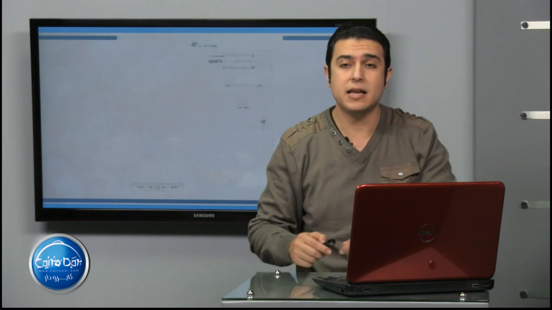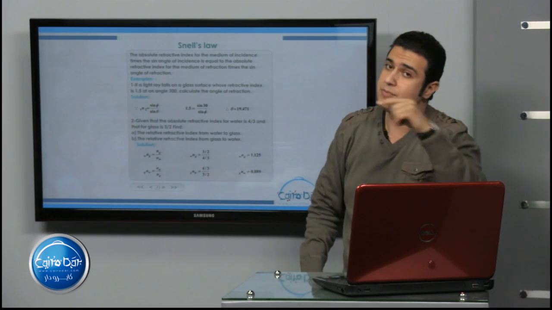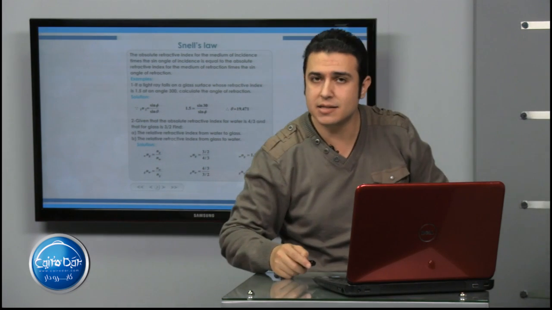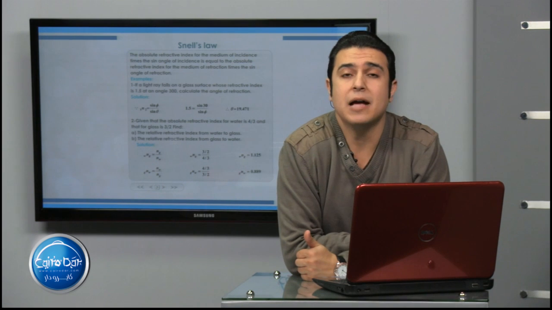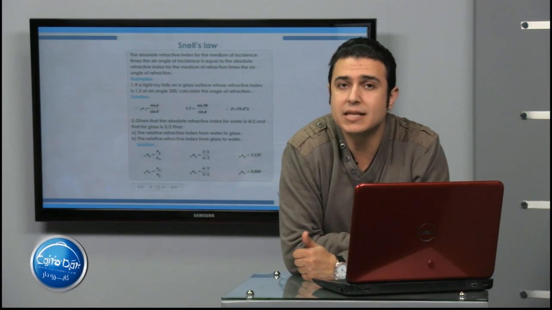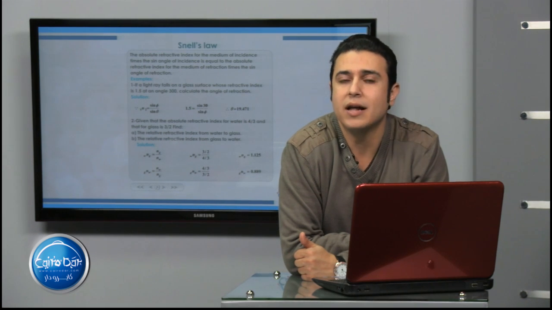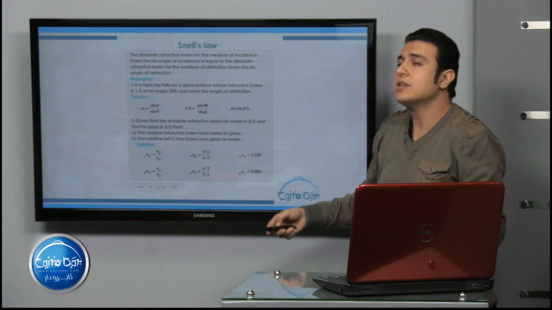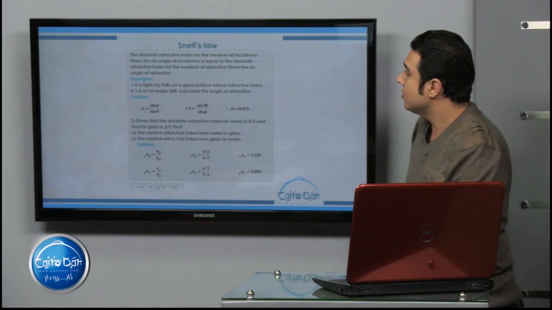This is Snell's law: the absolute refractive index of the first medium times the sine of the angle of incidence equals the absolute refractive index of the second medium times the sine of the angle of refraction.